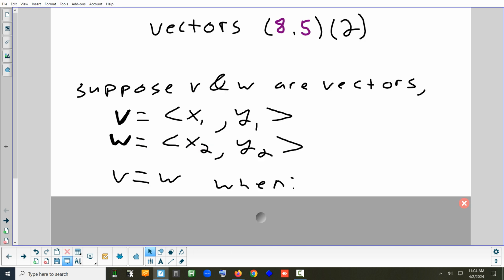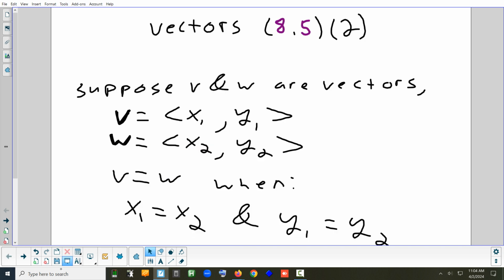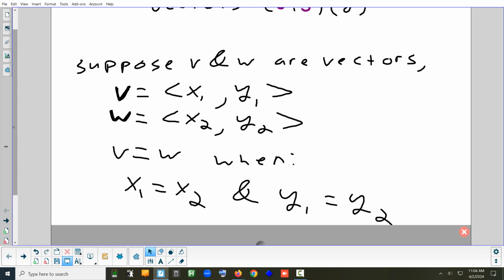So for two vectors to be equal, their components have to be equal, not the starting and stopping points. Any questions on that idea? Some people think they have to be right on top of each other to be equal. No, they just have to go over and up the same amount.